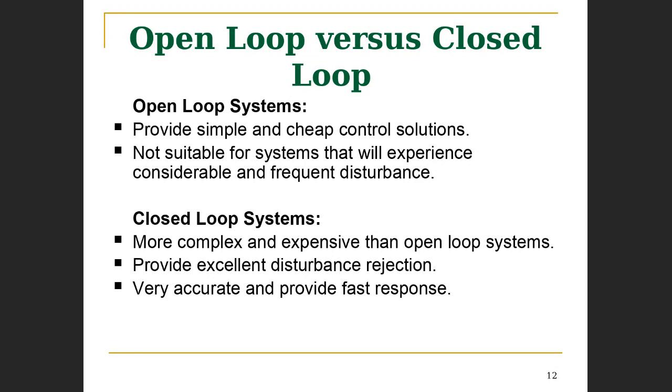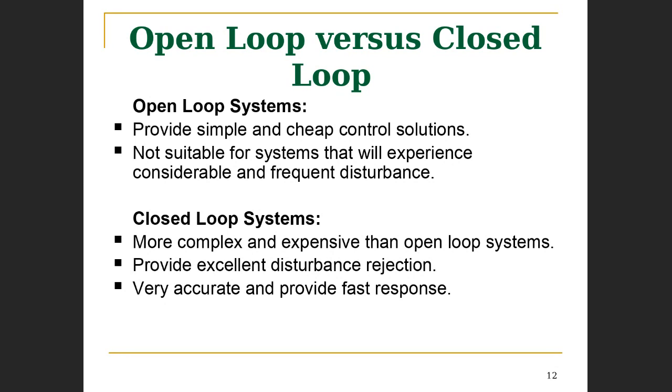You'll match the power of the drive system with the load on that belt, and that belt speed will be maintained quite successfully without any problems. That's open loop. There's no need to measure the speed of the belt.